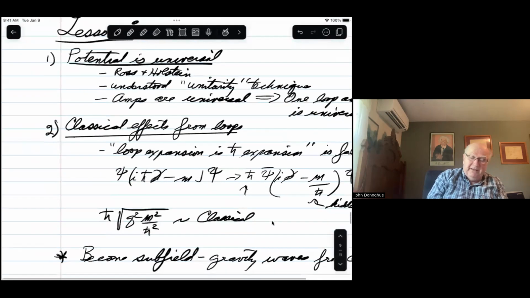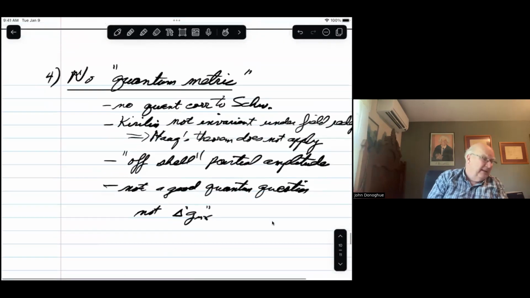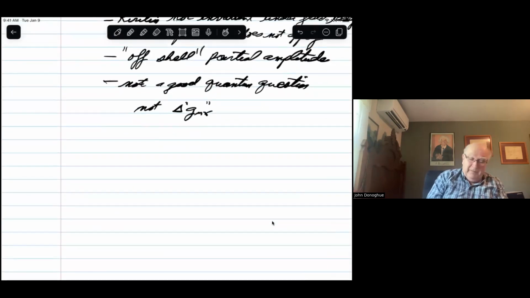So I'm going to put that down here as a separate lesson: massless particle effects are not universal.